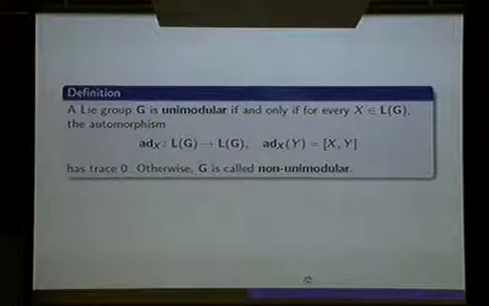Okay, now there are two kinds of Lie groups. This is sort of a dichotomy in structure for Lie groups. There are Lie groups which are called unimodular, and then there are Lie groups which are not unimodular, called non-unimodular. The unimodular ones are the ones we see in, for example, Thurston geometries.